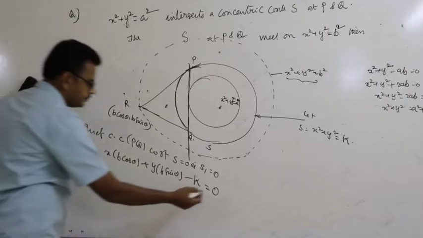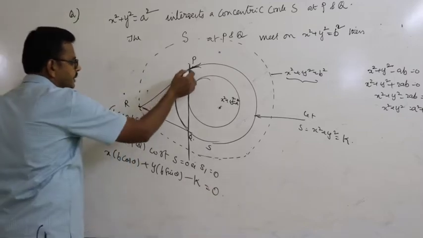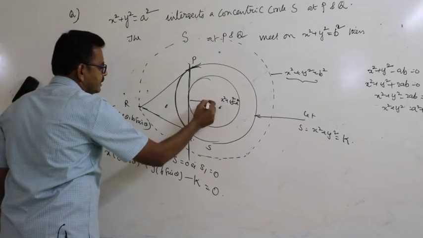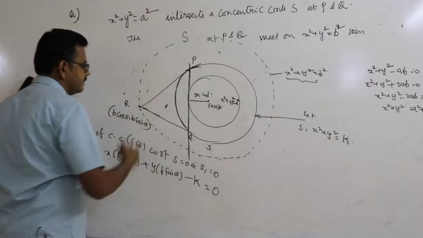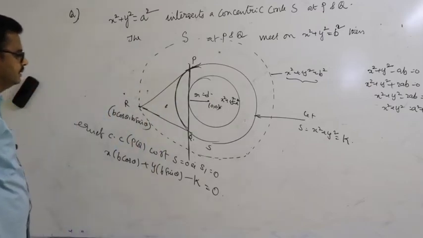Now this PQ is a tangent to the circle. So the condition for tangent is r equal to d.